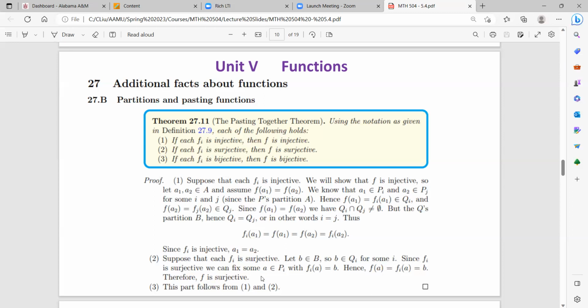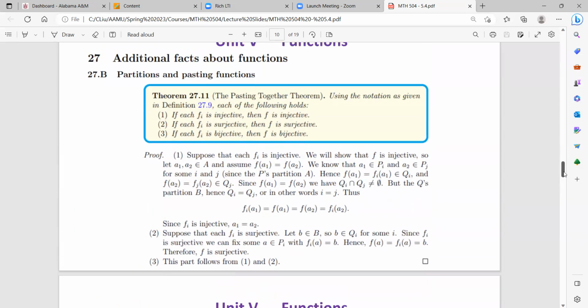Now, part 3 comes directly from 1 and 2, because if each f_i is bijective, then it is both injective and surjective. So from 1, we know f is injective, and from 2, we know f is surjective, so that f is bijective. All right.